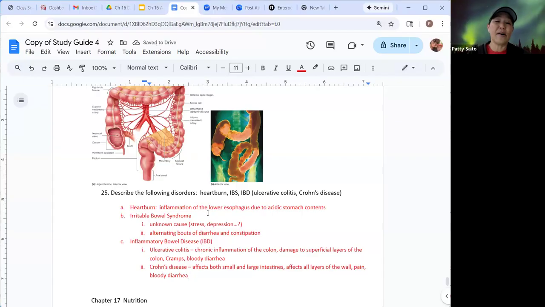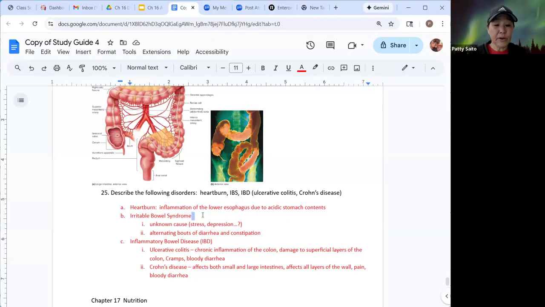No, it's the lower esophagus that sometimes can get irritated by the acidic contents of the stomach, and that results in some pain. And so, you want to eat foods that don't produce more acids, but it feels like it's near your heart, so it's not really your heart; it's your esophagus.